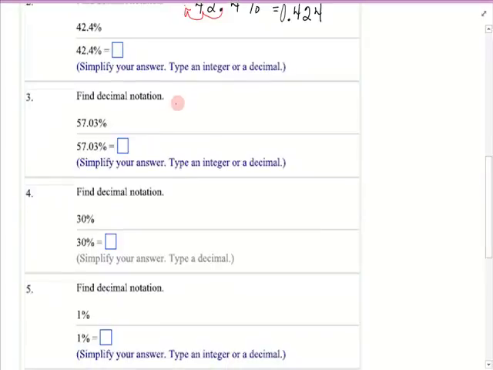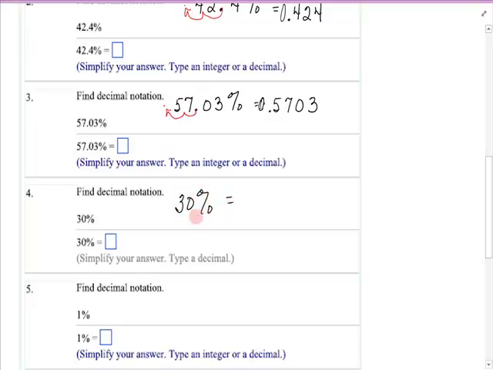All right, the next one, I have 57.03%. To change it to a decimal form, we'll move 2 places to the left. That will give us 0.5703. Take the percent sign off, and you might put the 0 in front. All right, decimal notation for 30%.